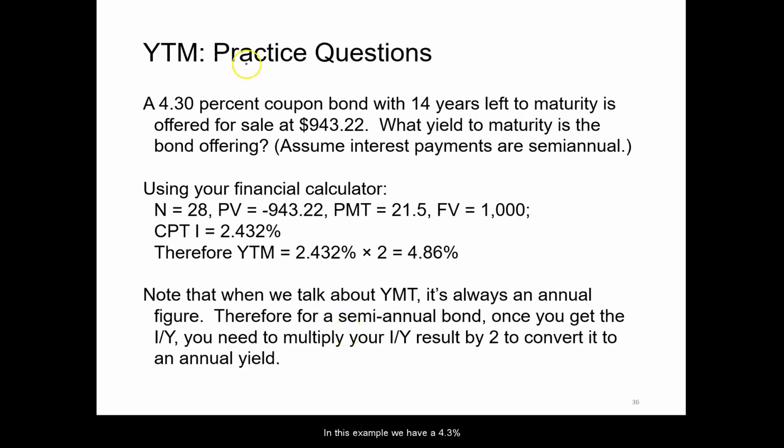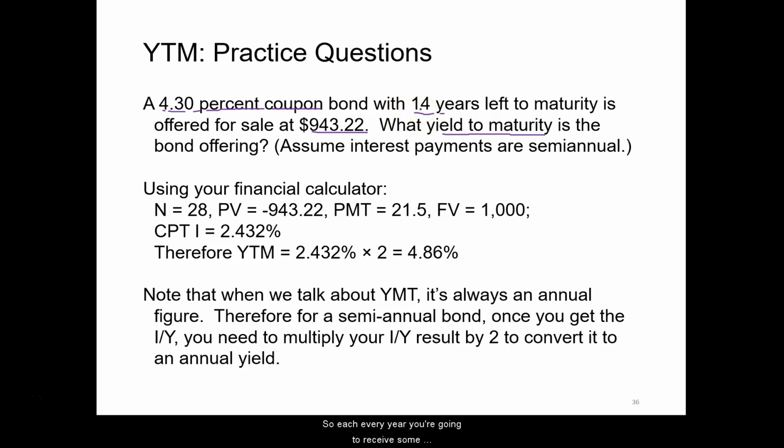In this example, we have a 4.3% coupon bond, 14 years left to maturity, and we know the price, $943.22. So the question is, what is the yield to maturity? As an investor, you would pay this much to buy this bond, and if you plan to hold this bond till maturity, you have 14 more years.